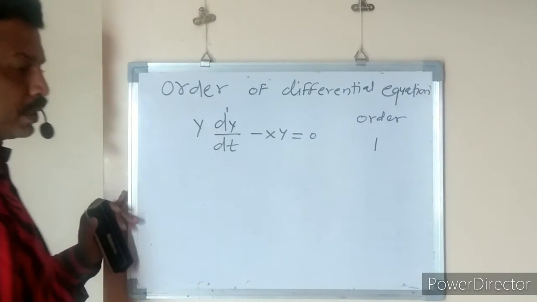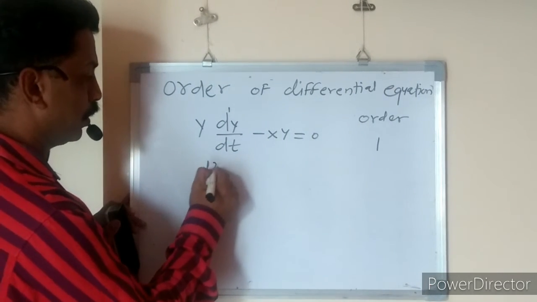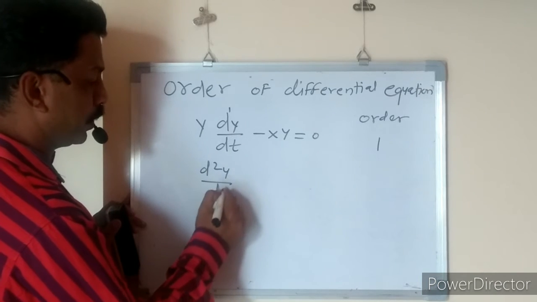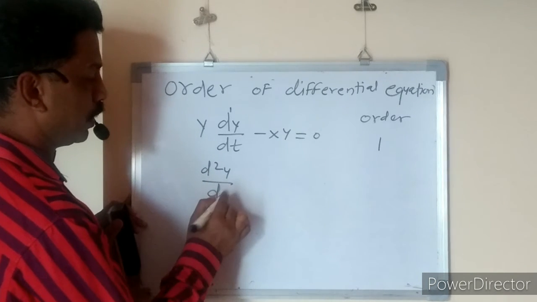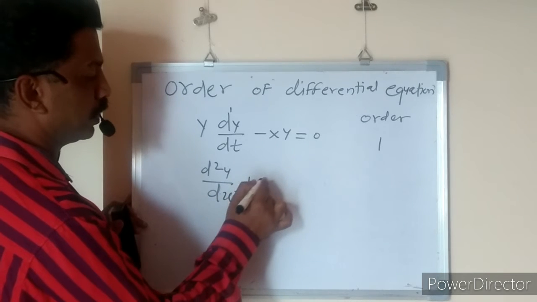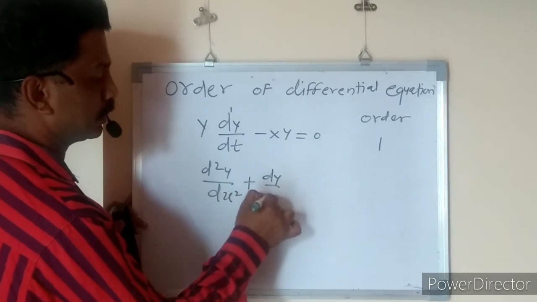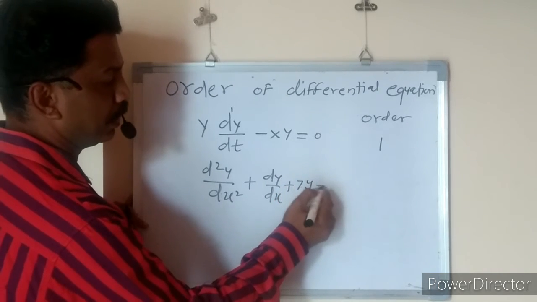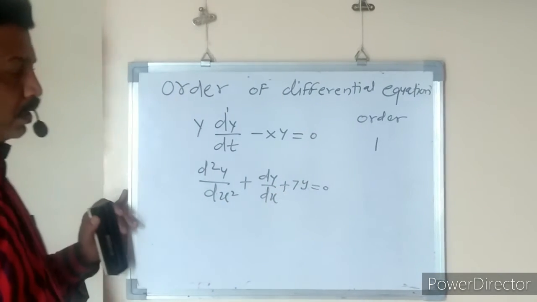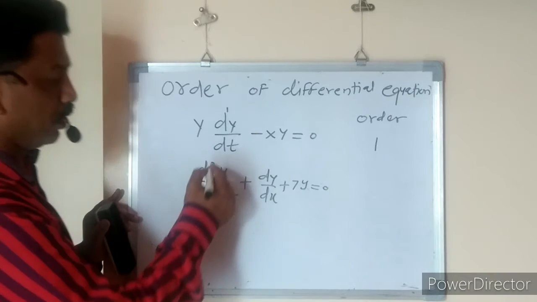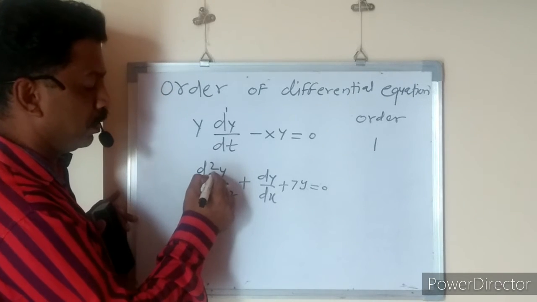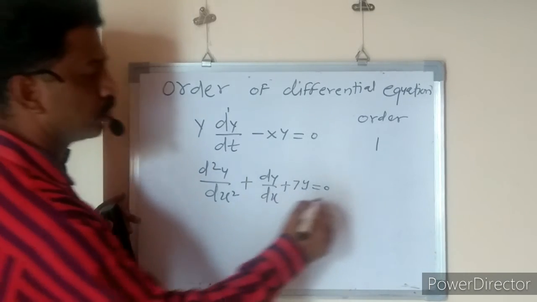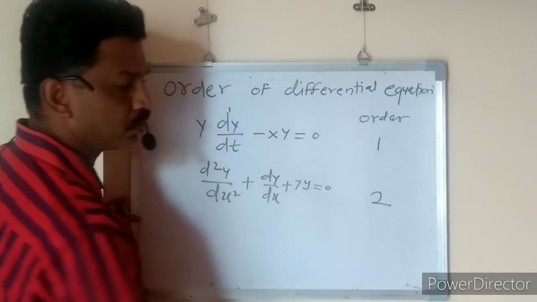If we take another example, d2y by dx square plus dy by dx plus 7y equal to 0. Here the highest derivative is of second order, so the order is 2.